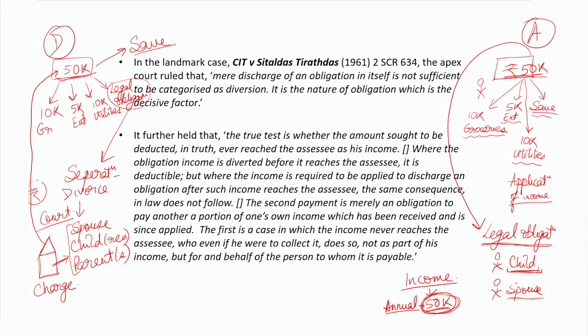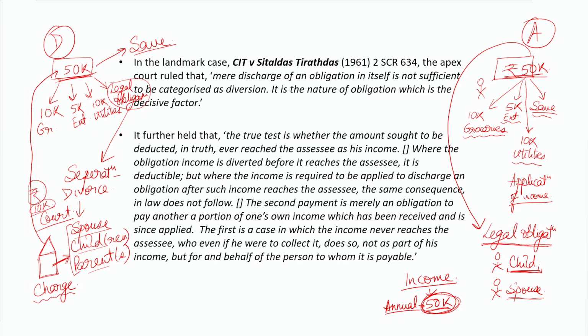This rental income will no longer reach the person over here, but would rather be used to meet out the maintenance of the spouse, children, parents, whoever, right? So when that charge gets created on that particular property, then whatever rental income, let's say for example you were getting 10,000, right?